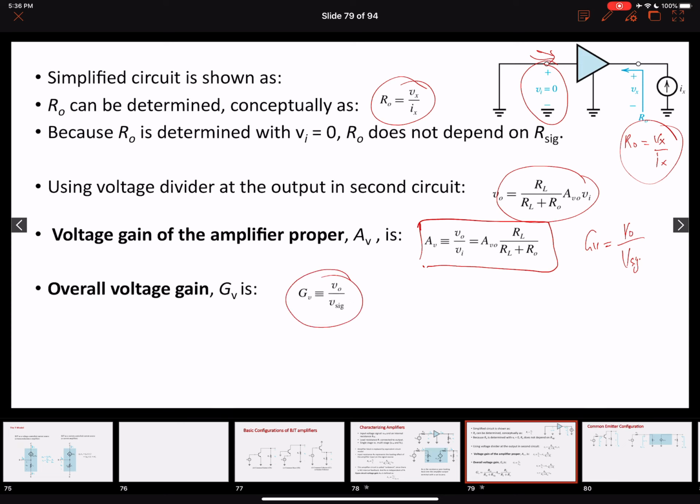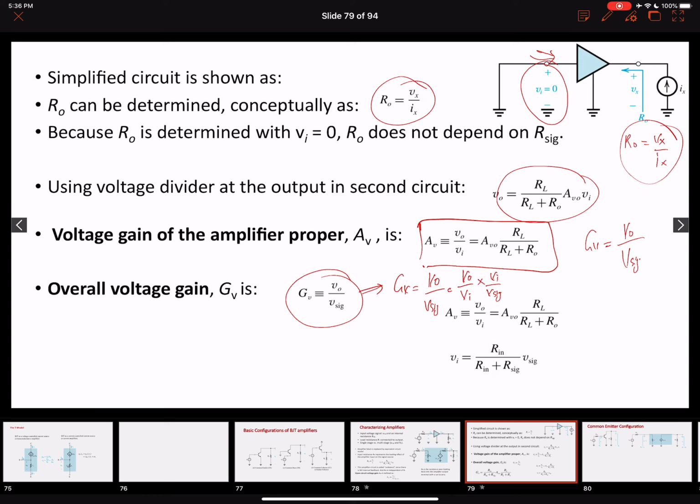We can also rewrite this equation as, for example, over here. We can write Gv equals V naught over V signal, which is V naught over Vi into Vi over V signal.